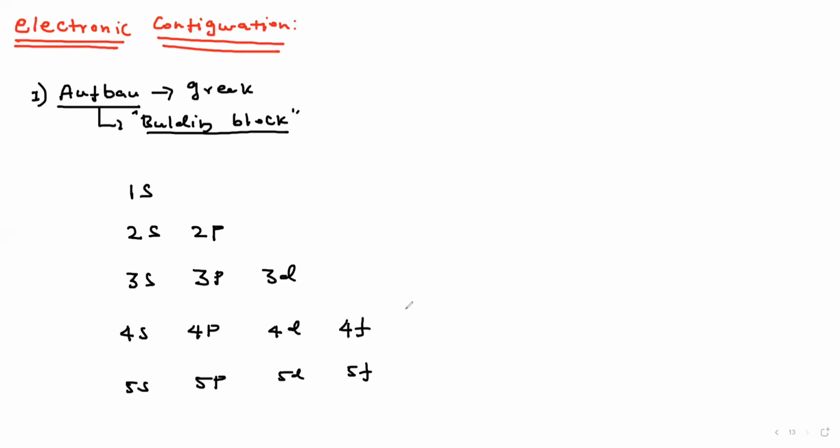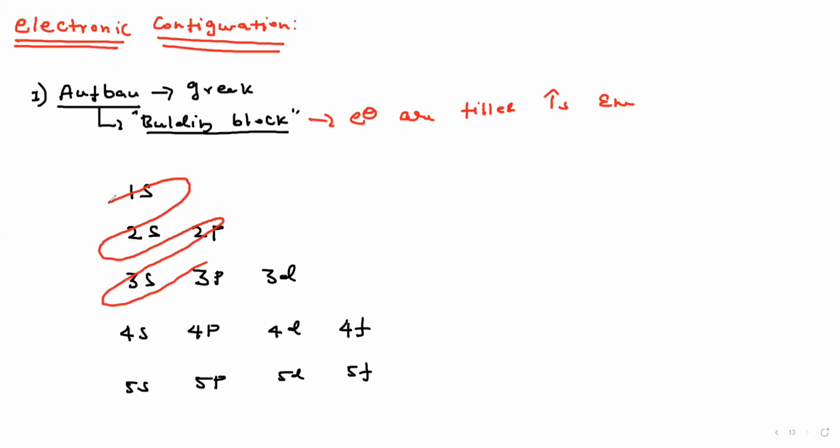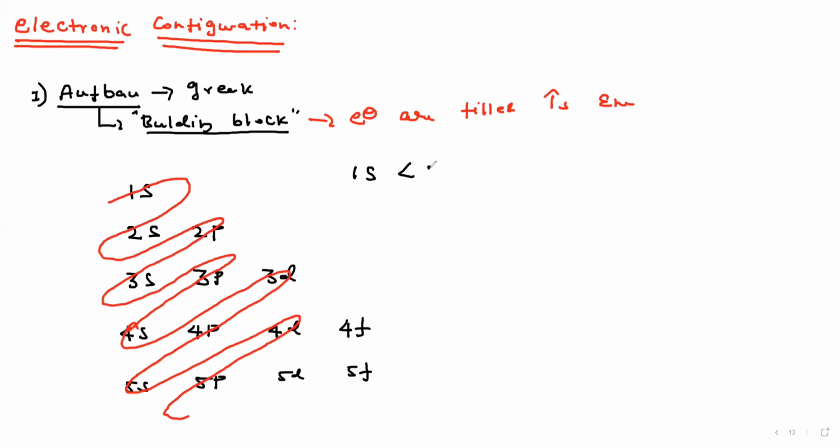Listen. What is the Aufbau principle? The electrons are filled in increasing energy levels. Now see, 1s, 2s, 2p, 3s, 3p, 4s, 3d, 4p, 5s, 4d, 5p, etc. First 1s is low energy, then 2s, then 2p, then 3s, then 3p, then go for 4s, then 3d.